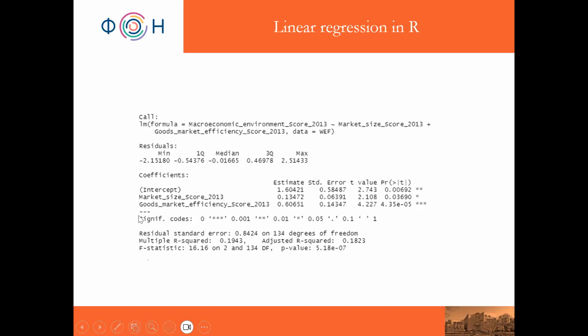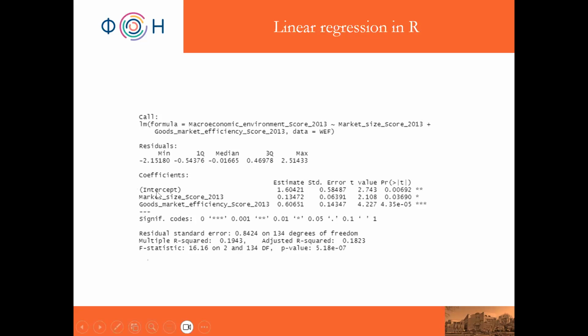The table below is more interesting for us. So within the table coefficients, we are provided with estimates of our coefficients. So from the coefficients table, we are going to read out our B0, our constant, B1, the coefficient which stands next to market size score, and B2, which stands next to goods market efficiency score.